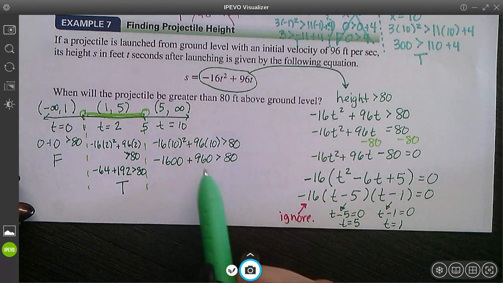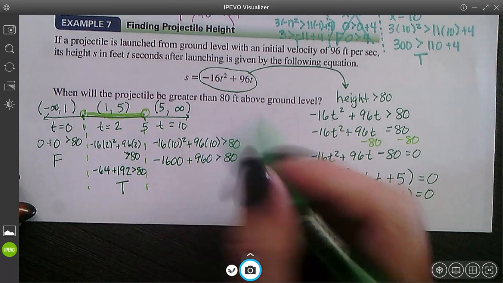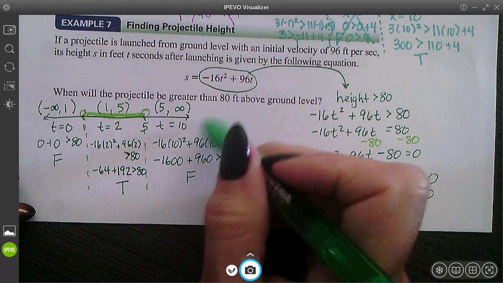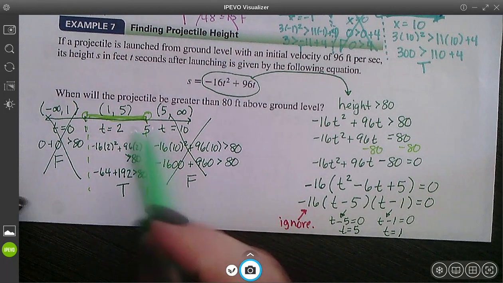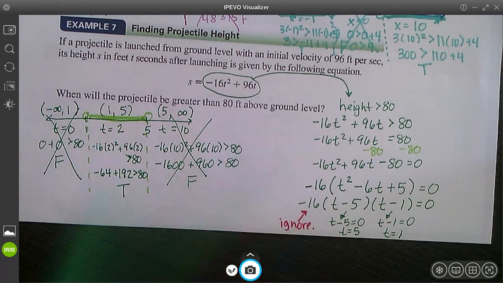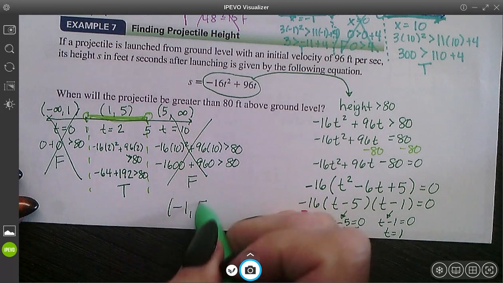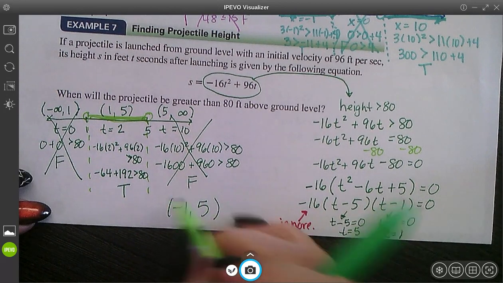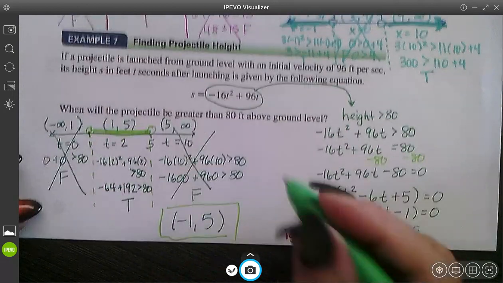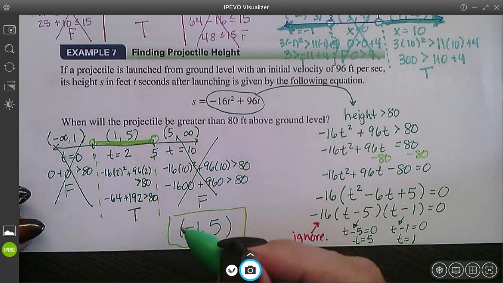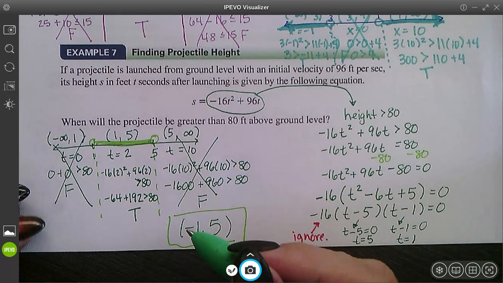Negative 1600 plus 960 is like negative 600 something, and that's not bigger than 80, so that is false. Neither of these two sections were part of the solution to this inequality. The only one that is is 1 to 5, which means that the projectile is going to be greater than 80 feet above ground level between 1 and 5 seconds.